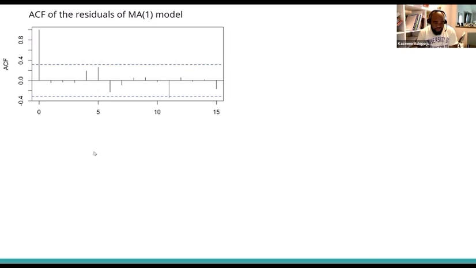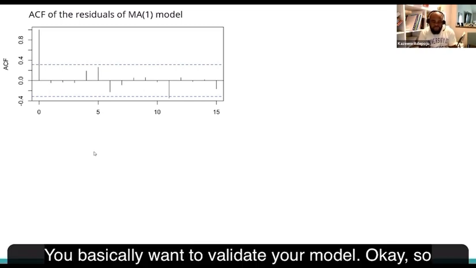I told you the other time, in statistical analysis we have a preliminary investigation, where we generate plots, and after the analysis, there is post hoc analysis. In the post hoc analysis, you conduct what I call the diagnostic, when you subject your model to diagnostic testing. You basically want to validate your model.